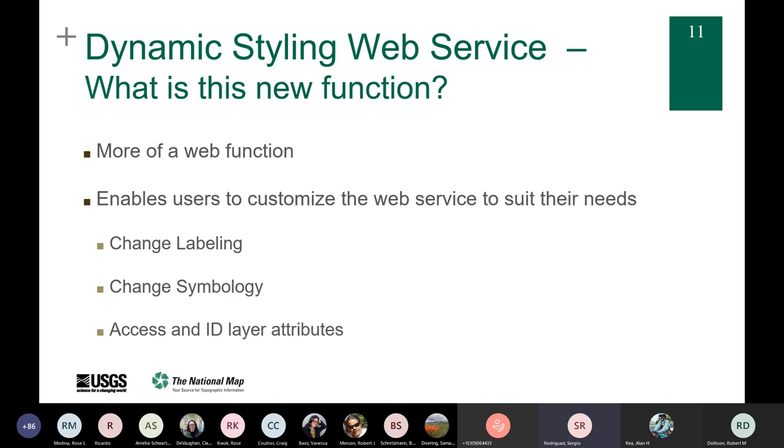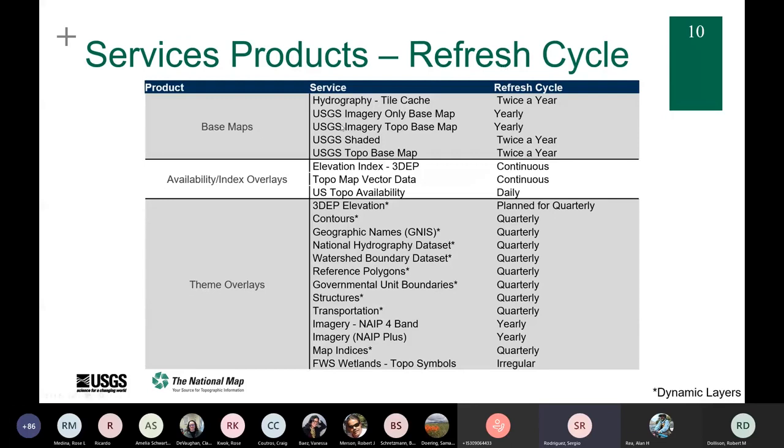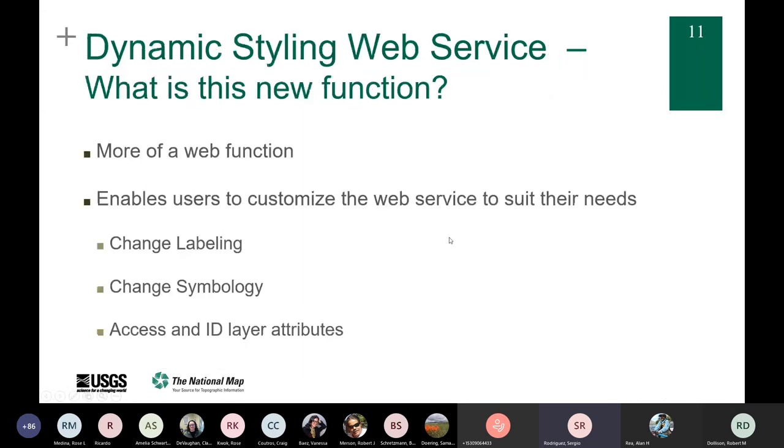If you saw, there were a couple of overlay themes on the previous slide that had little asterisks next to them, and those layers with the asterisks are dynamically enabled, so you can go in there and change them. As you can see right there, some of the 3DEP elevation, the contours, GNIS, and the NHD and WBD, which are the ones we'll be focusing on today. And so you might be asking, what is this new function?